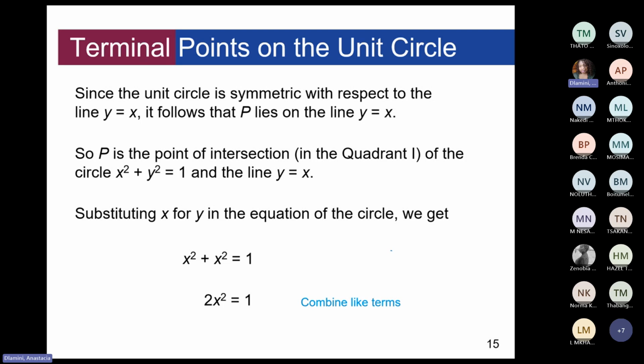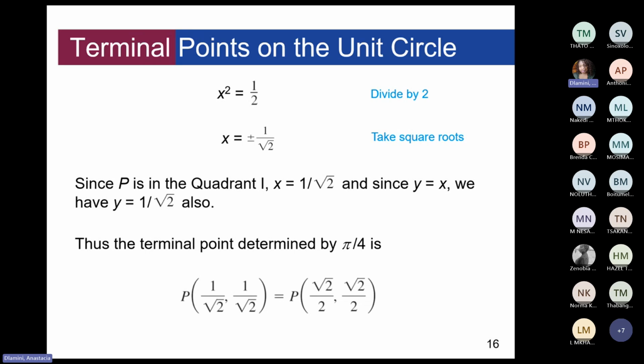Now, since the unit circle is symmetric with respect to the line y equals x, it follows that P lies on the line y equals x. So P is the point of intersection in the first quadrant, as we've shown, of the circle x squared plus y squared equals 1 and the line y equals x. So substitute x for y in the equation of the circle, we get this. This is what we calculated, and we found that x is plus or minus 1 over root 2.